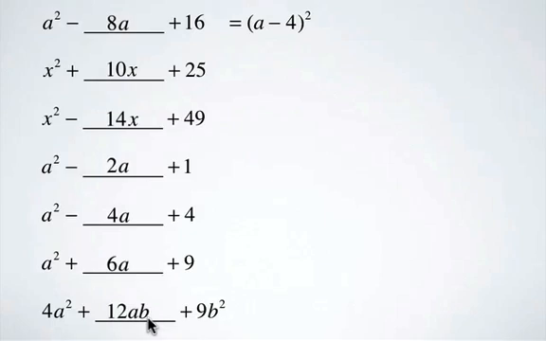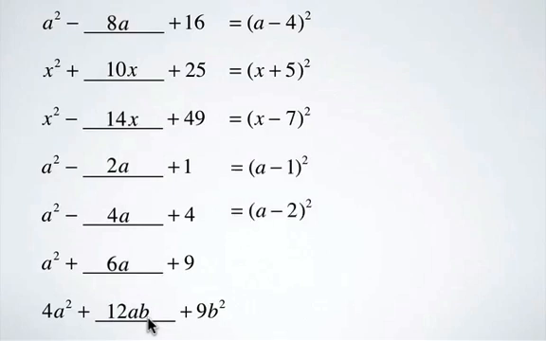So, we can then factor them into the following. (a minus 4) squared. It's a minus here because there's a minus here. And we have the square root of the first term and the square root of the second term, making up these two. (x plus 5).